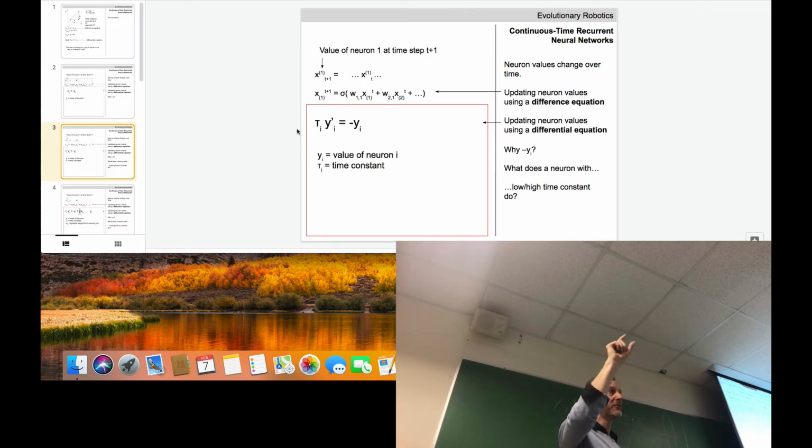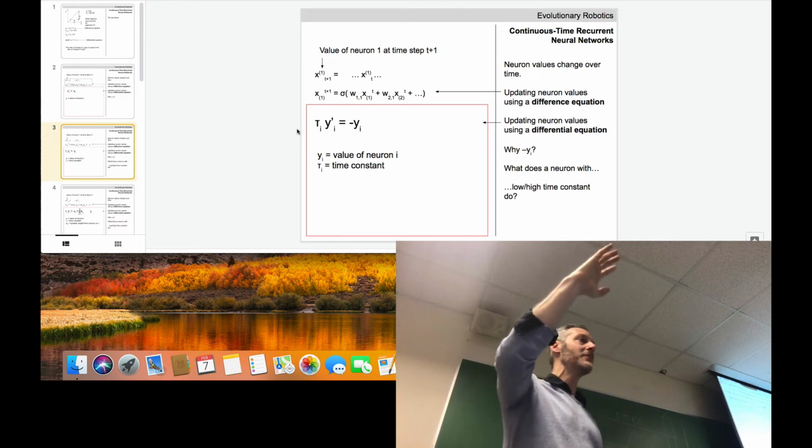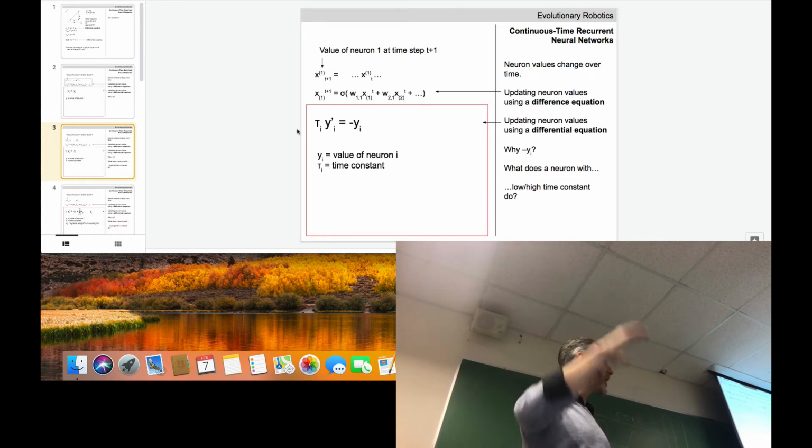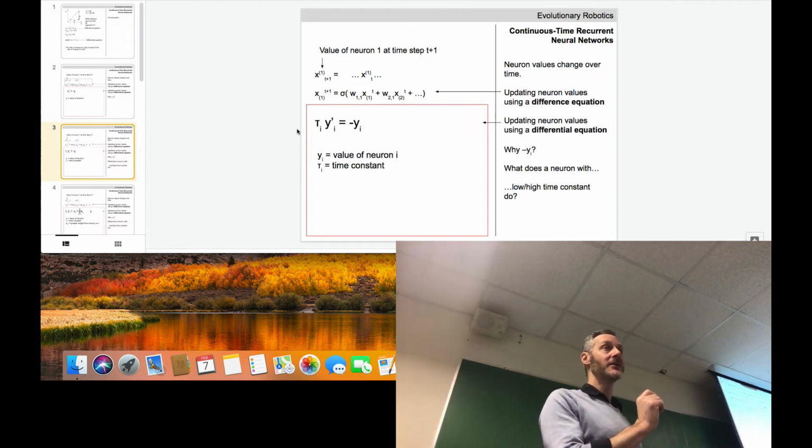Some of the neurons have a very large tau value, which means they're Eeyore neurons. Some of the other neurons in the same neural network have very low magnitude time constants, which means they're Woody Allen neurons. We have a mixture of neurons in the same neural network that respond faster or slower to their stimulation. That will become very useful, as we'll see in the application at the end of this lecture.